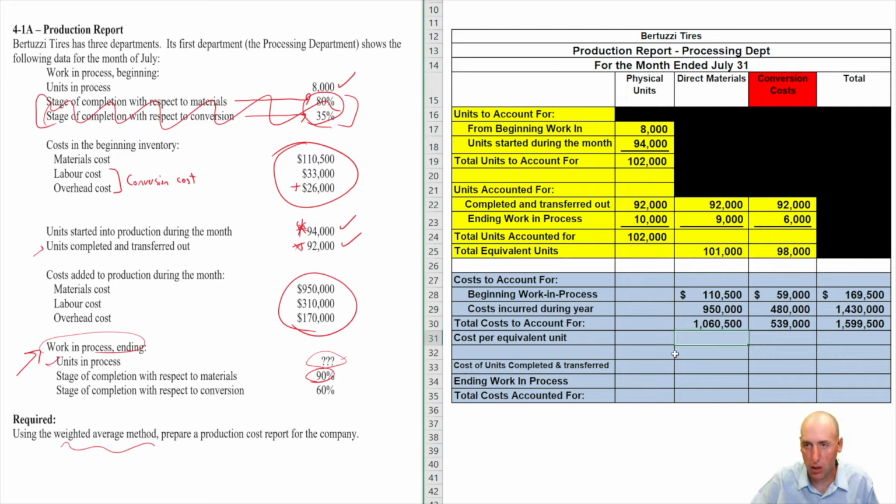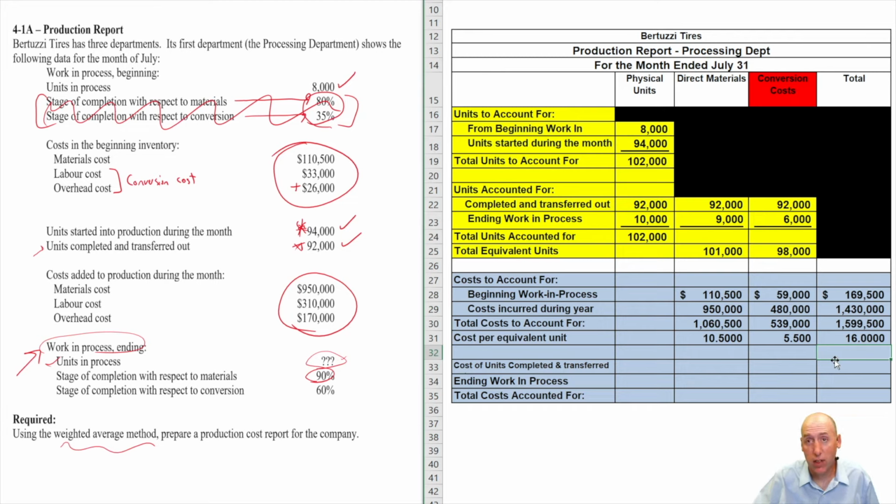Cost per equivalent unit. 1060500 divided by 101, we get 10.5, $10.50 per unit. 539 divided by 98, we get 5.5. Our total cost, now 1599, there's nothing to divide it by, so we just add these together. 10.5 plus 5.5, we get $16 as a cost per equivalent unit.